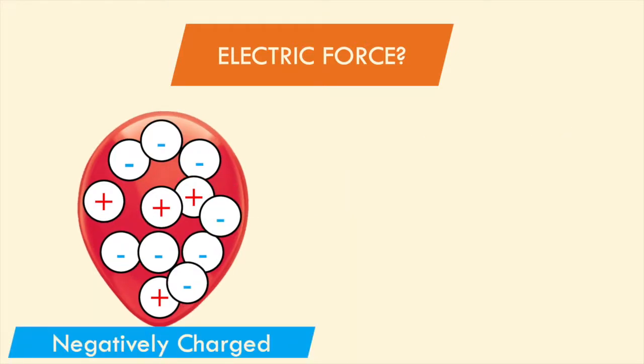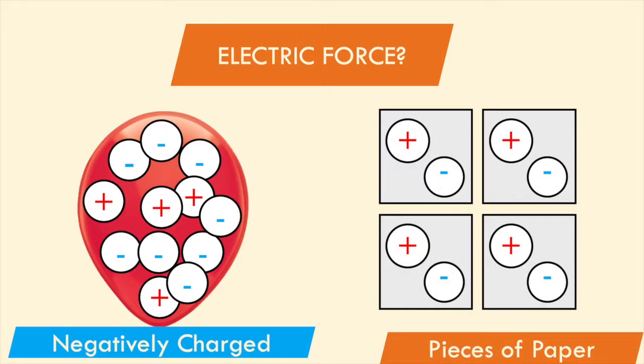Now, if we take that balloon that has a bunch of negative charges and we put it next to pieces of paper, if you look at the pieces of paper, you'll notice that each one has an equal amount of positive and negative charges. Remember, if an object has equal amounts of positive and negative charge, that means it's neutral. So, if you have one object, the balloon, that has an excess of negative charges, then that's going to want to pull positive charges or it's going to repel negative charges.